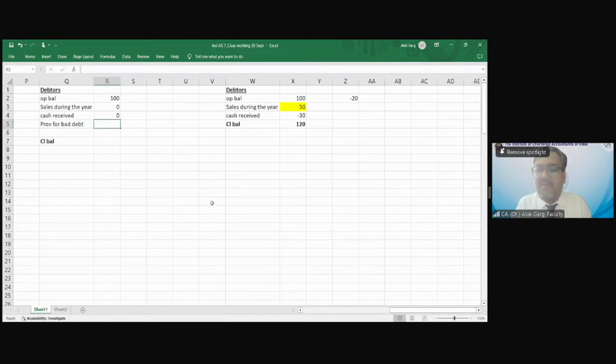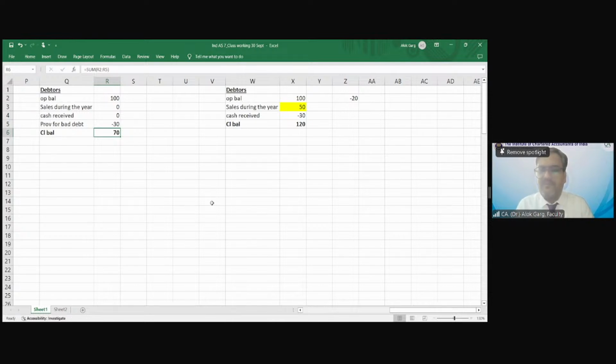A debtor of 30 rupees became bankrupt and the company has created a provision for bad debt. So what is my closing balance of debtor? 70 rupees.